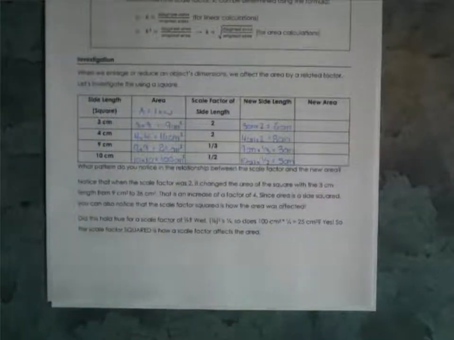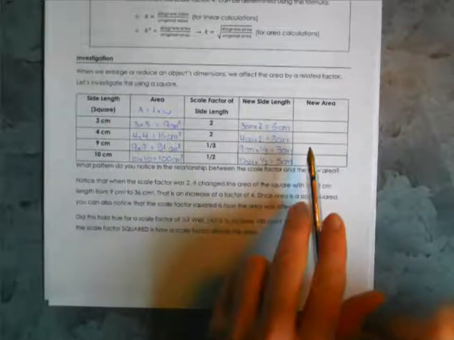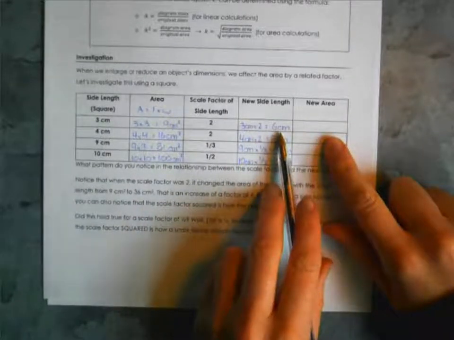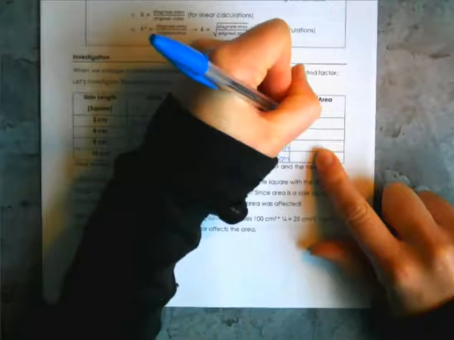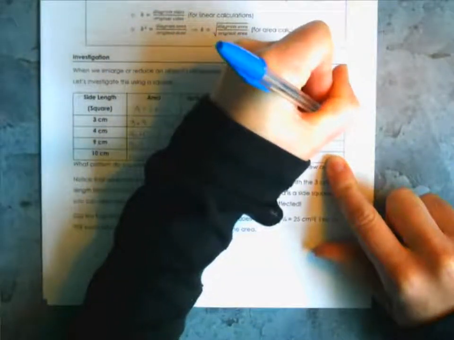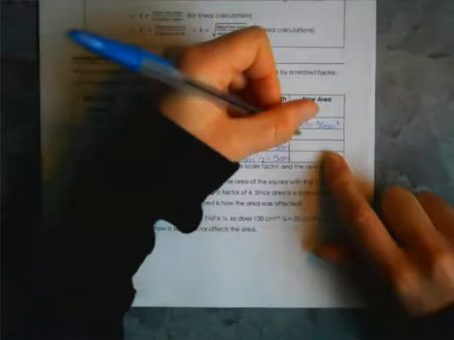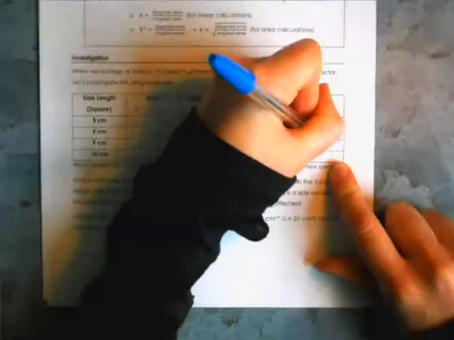But now we want to look at how this is affecting the area and see if we can find the relationship. We want to look at the new area of the square, which is just our new side length squared again. In this case, we have 6 times 6, which gives us 36 centimeters squared. In our next one, we have 8 times 8, which gives us 64 centimeters squared.